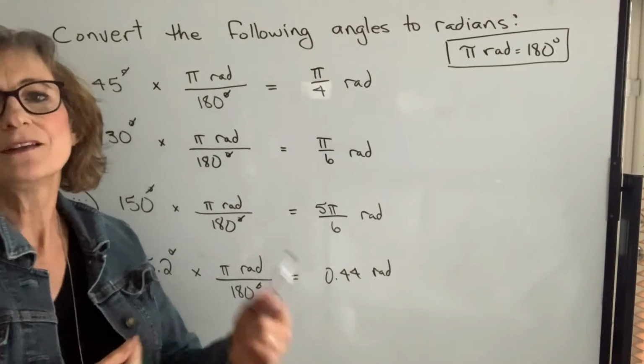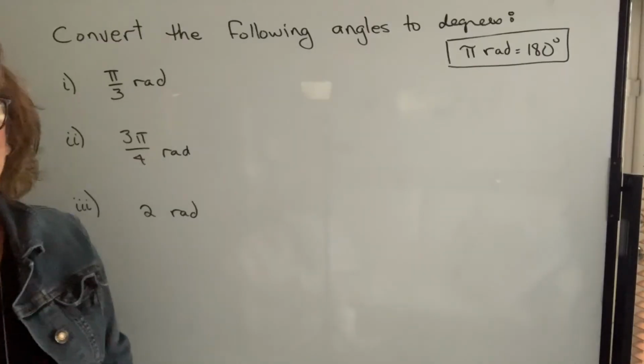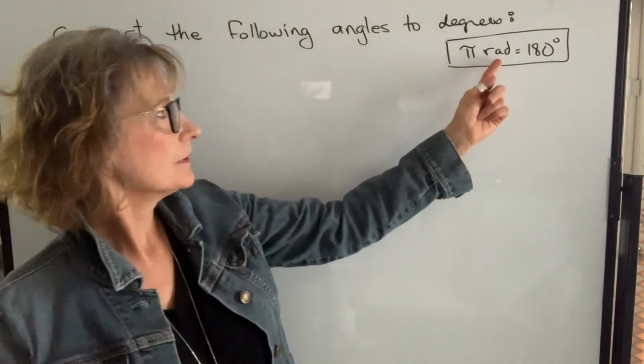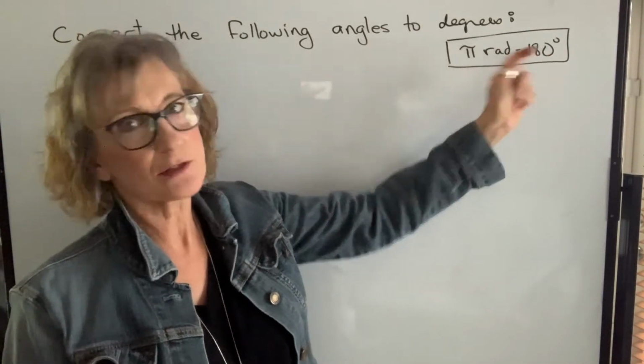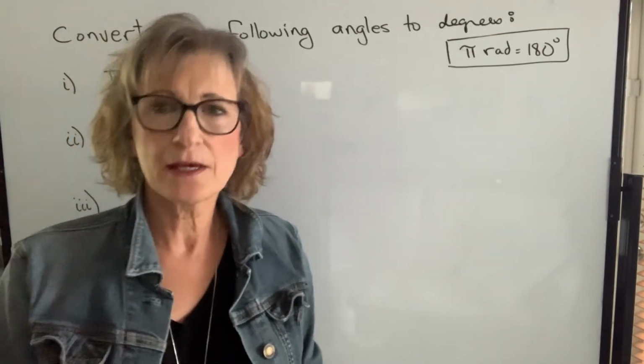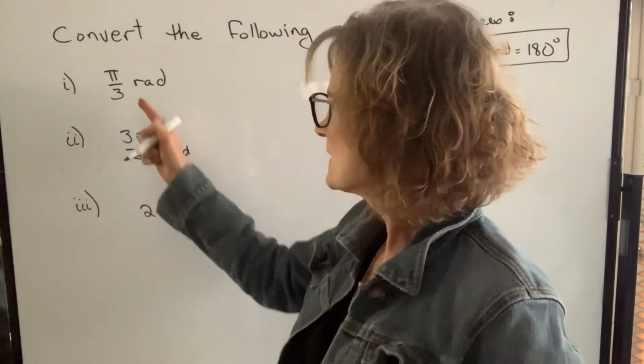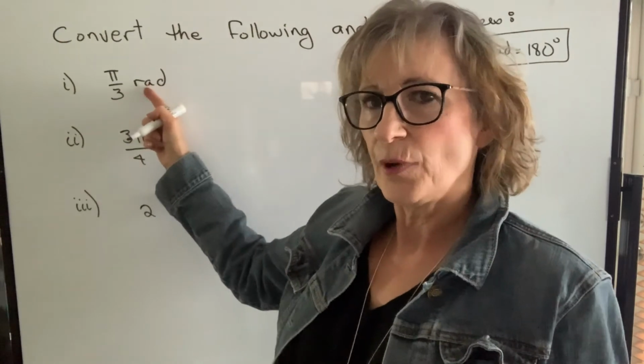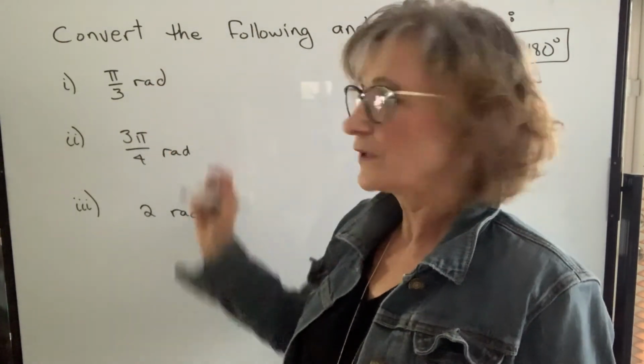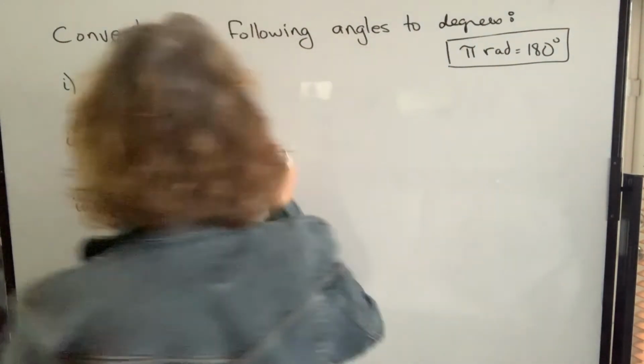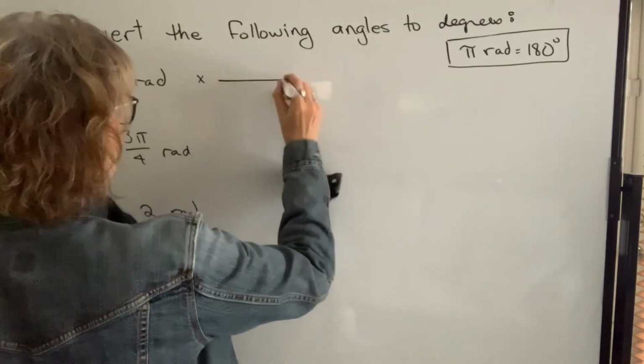Let's look at going the opposite direction. Again, I'm going to use the fact that pi radians is equivalent to 180 degrees and dimensional analysis to convert these. So if I had pi over 3 radians and I wanted to convert that to degrees, I would multiply by a fraction.